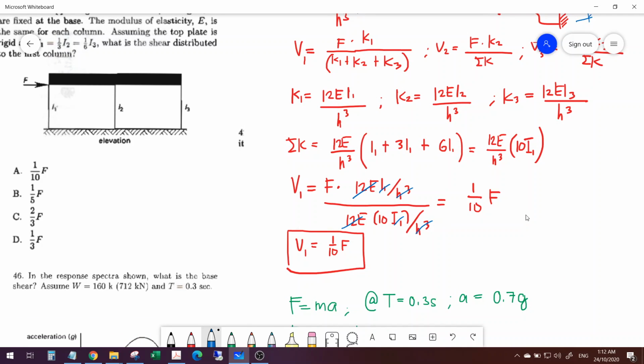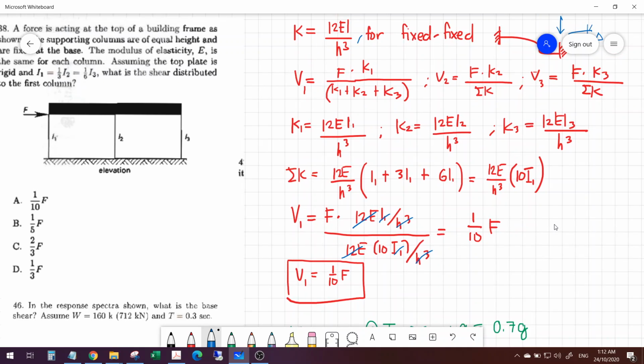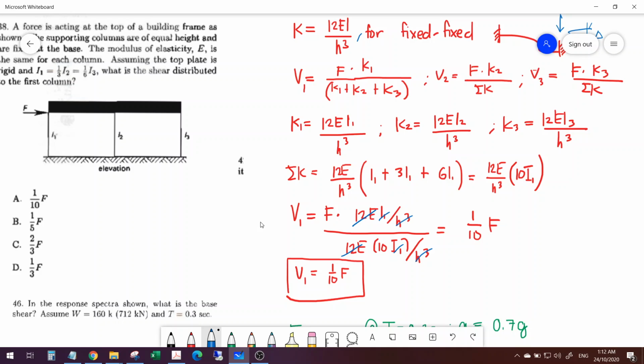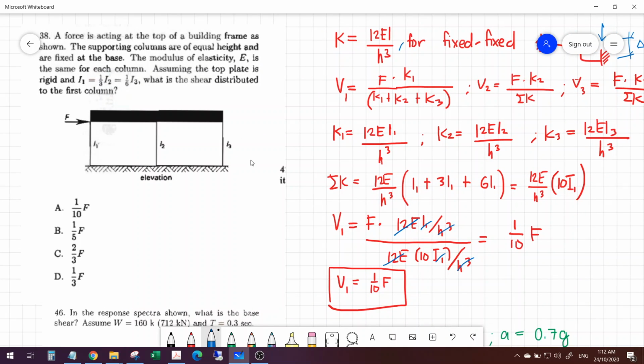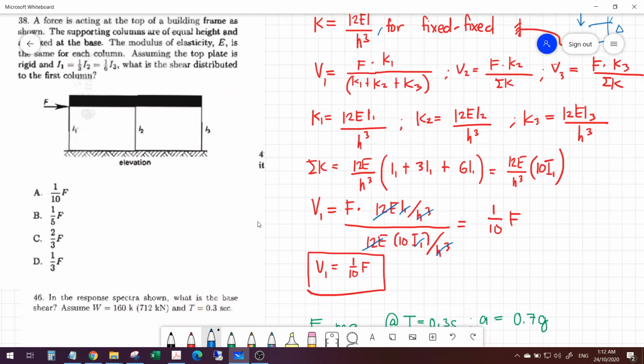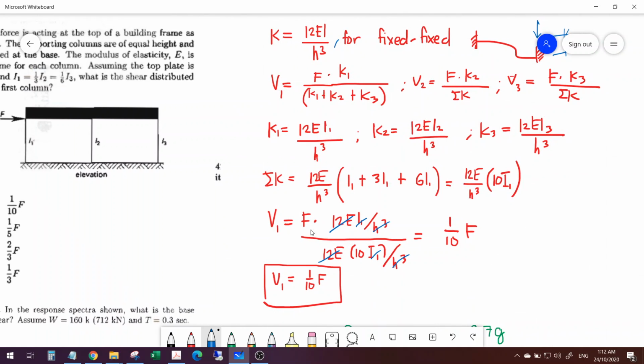Okay. Then, since ang tinatanong is what is the shear at the first column? So, substitute lang natin, no? So, V1 is equal to F times K1. What is K1? 12EI1 over H cube. Then, what is the total stiffness?